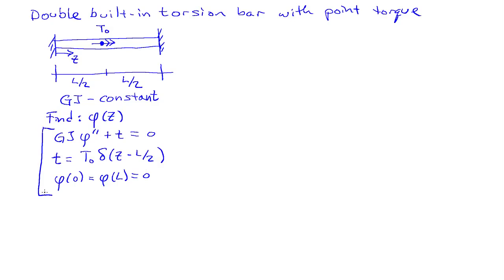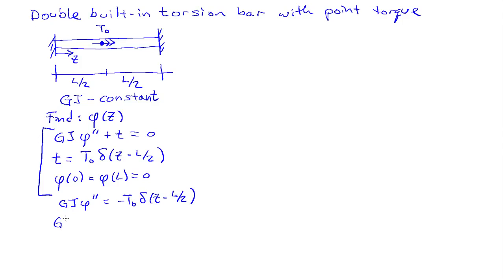It's relatively straightforward. We have two boundary conditions, a second order ODE, so we'll integrate that twice, apply the boundary conditions to eliminate the constants of integration. So we'll start here. GJ phi double prime is equal to minus T0 delta of Z minus L over 2.